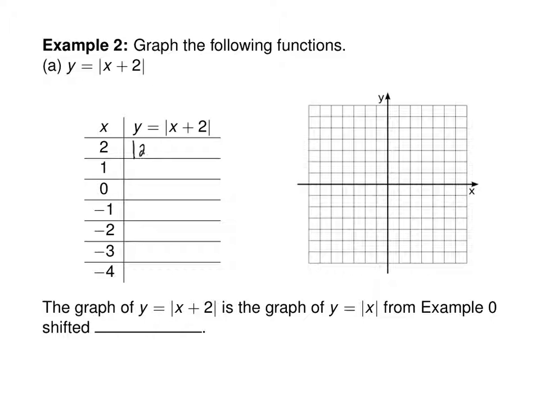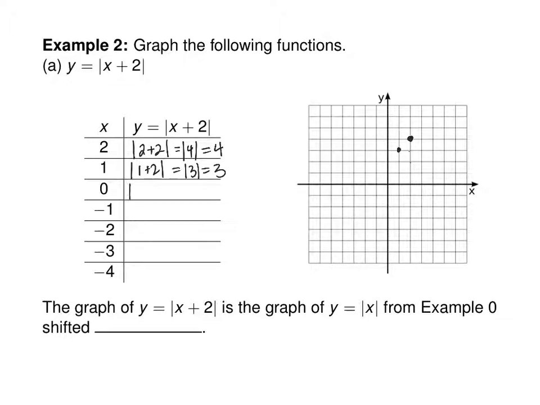So we do absolute value of 2 plus 2. So first we add 2 plus 2 and get 4. And that absolute values to 4. So over 2, up 1, 2, 3, 4. Absolute value of 1 plus 2 will be the absolute value of 3, which is 3. So over 1, up 3.